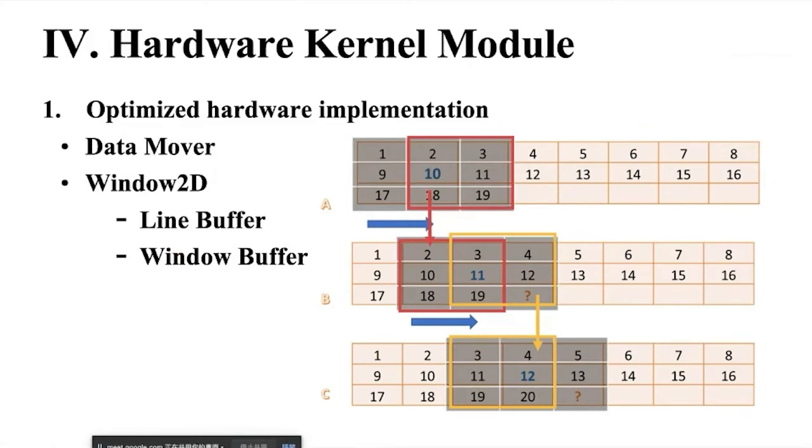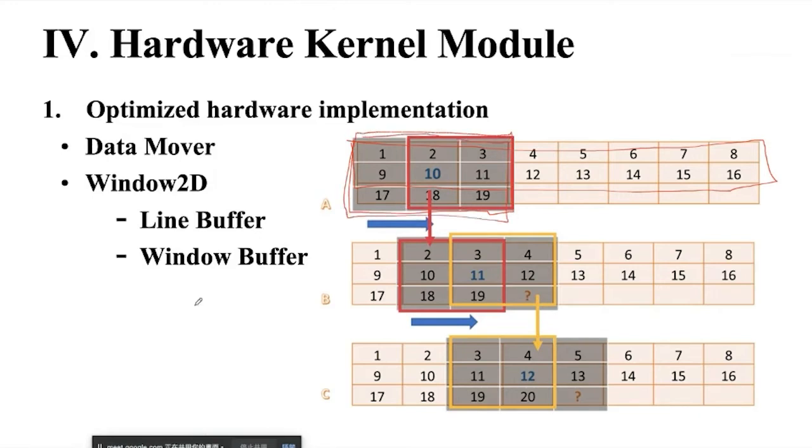I draw it. Wait a minute. So this is the size of the line buffer. And the window buffer size is the same as the size of the filter. So it is this 3 by 3.